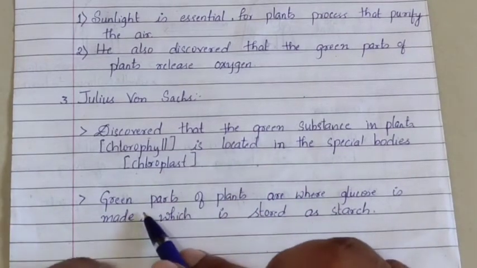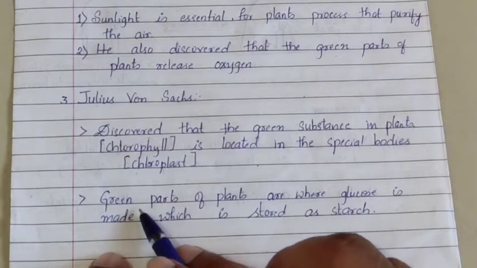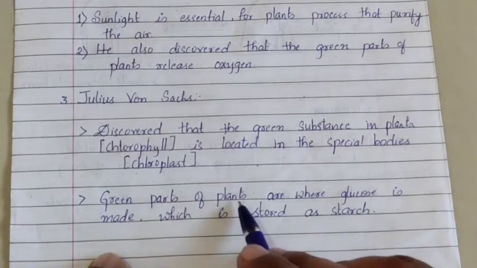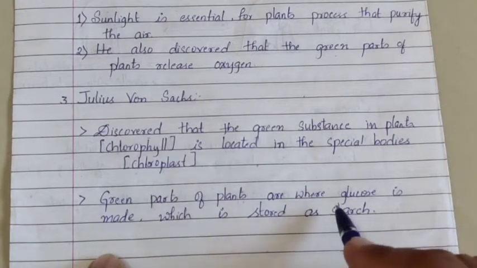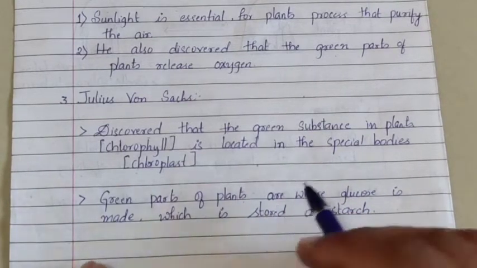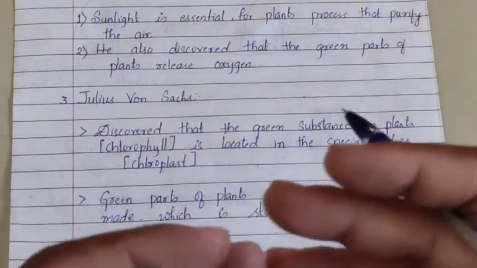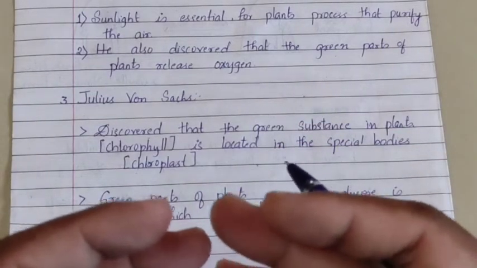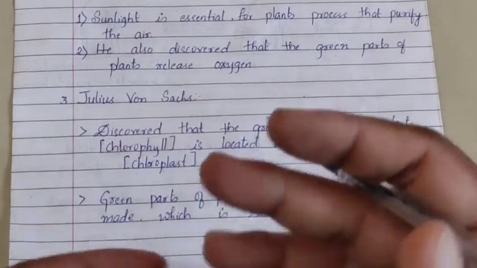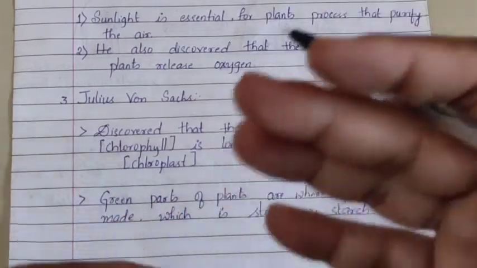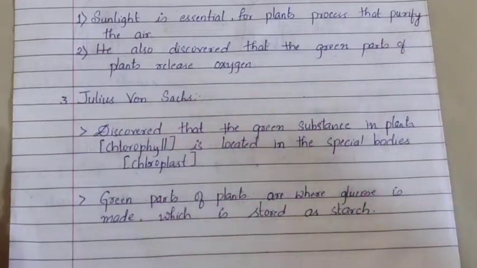Now, he also discovered that the green parts of the plants are where the glucose is made, which is stored as starch. The plants basically produce sugar in the form of glucose, which is a monomer, and later they store it in a polymeric form.